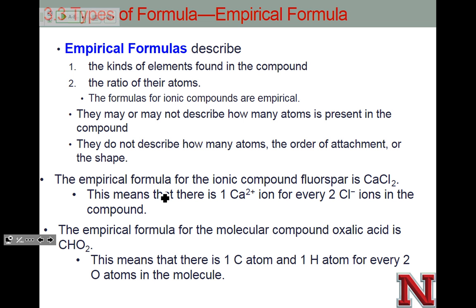So it could be C2H2O4. It could be C22H22O44. It's still going to be a ratio of 1 to 1 to 2. And we don't know unless we know more. So the empirical formula doesn't necessarily tell us the total amount of atoms. The actual formula is C2H2O4. But you wouldn't know that unless we did more to find that out.